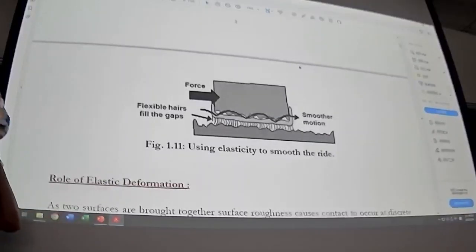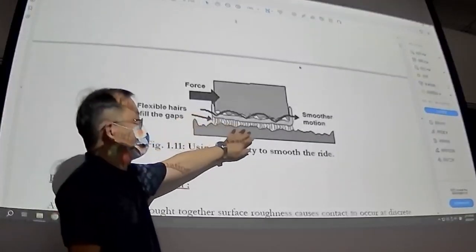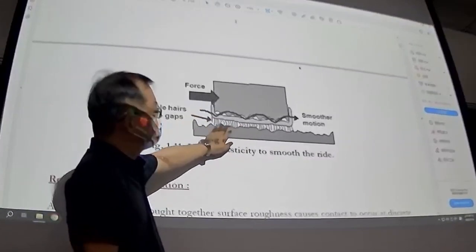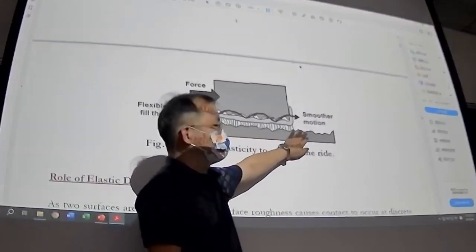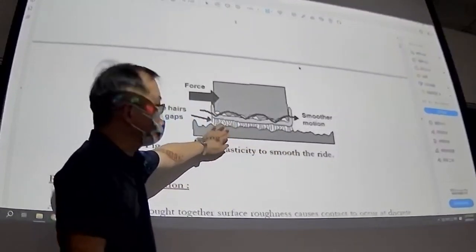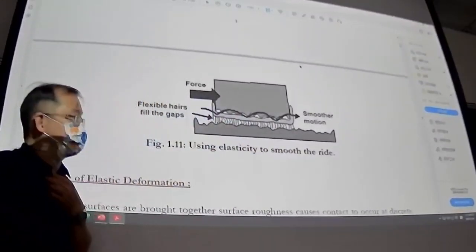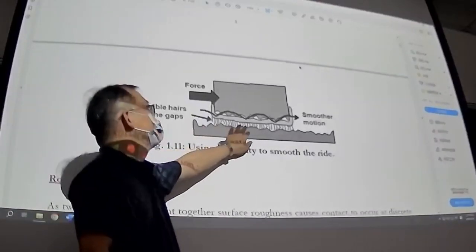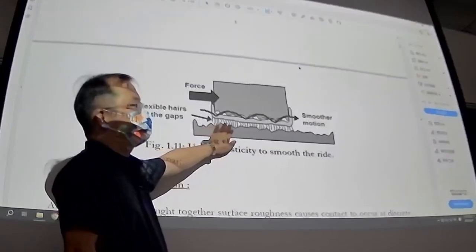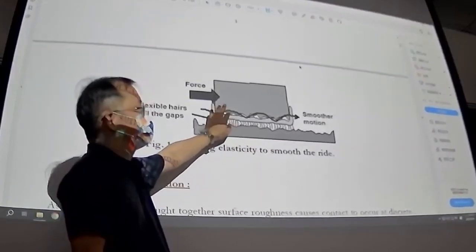So these surfaces are in contact. In normal conditions, the surface of the contacting interface is not absolutely flat. So you have roughness between the contacting surfaces.